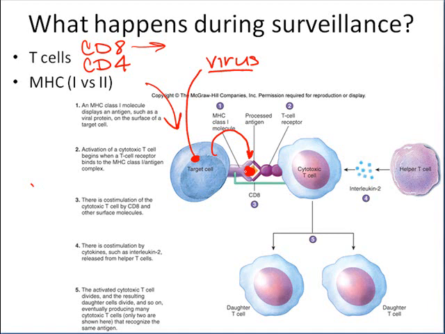Then it put that MHC1 out on the surface and started secreting a chemical called interleukin 1. Interleukin 1 is like the international calling card of cells to come on over and check me out, something's going on. Typically, cells that have been infected will secrete interleukin 1 just to call white blood cells to the area to alert them to the problem.